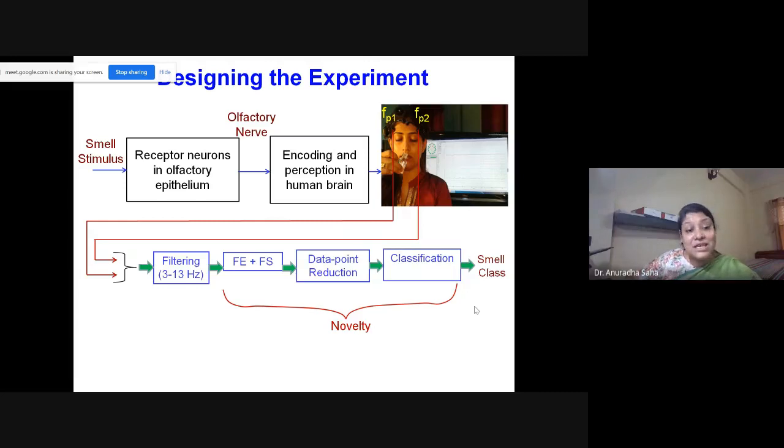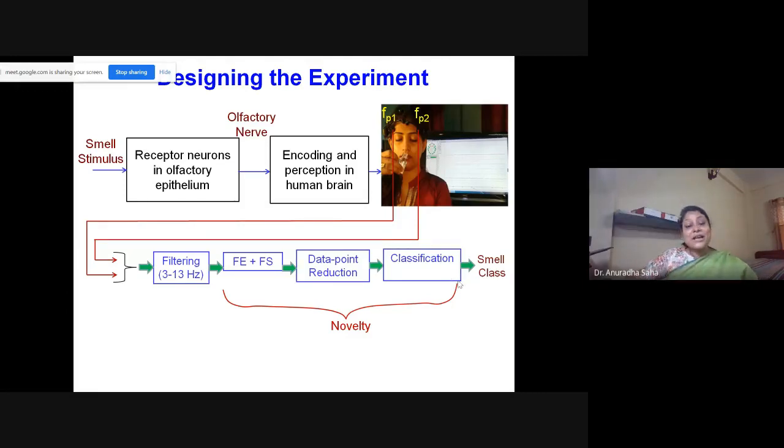That means if I offer a particular subject, say, naphthalene, then our goal is to design this process so correctly that our classifier gives me the final result that yes, this particular stimulus falls under the naphthalene class.